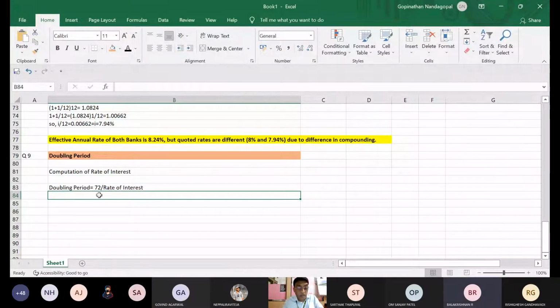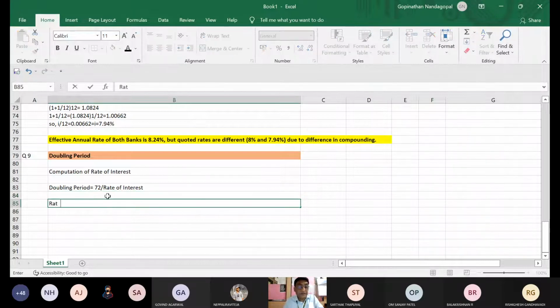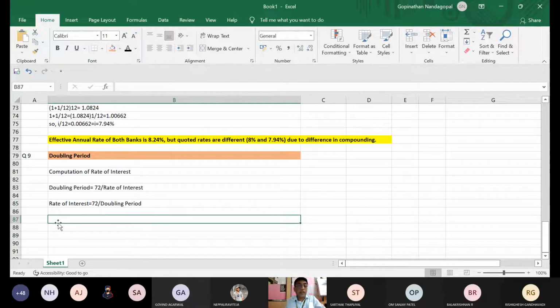Excel is shared. So rate of interest is equal to 72 divided by doubling period. This is the formula you have to apply. So now we'll take up the first case.